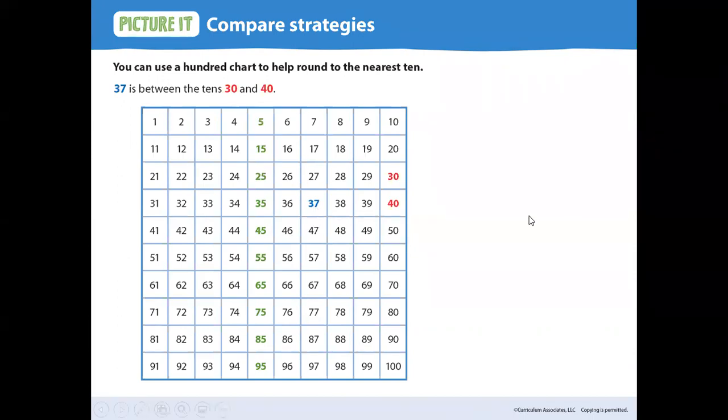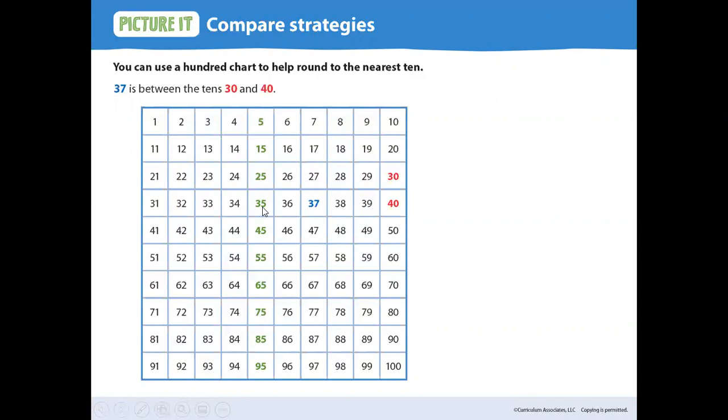As we look at our hundreds chart, we see two numbers in red, 30 and 40. These numbers are important because the number 37 is between the tens 30 and 40. Our green number 35 is important because 35 is the halfway point between 30 and 40.